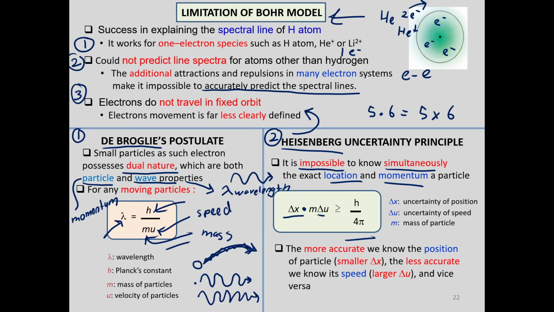So this is mass, this is its speed. So Heisenberg, okay, Brother Heisenberg says we cannot know its location and speed at the same time.